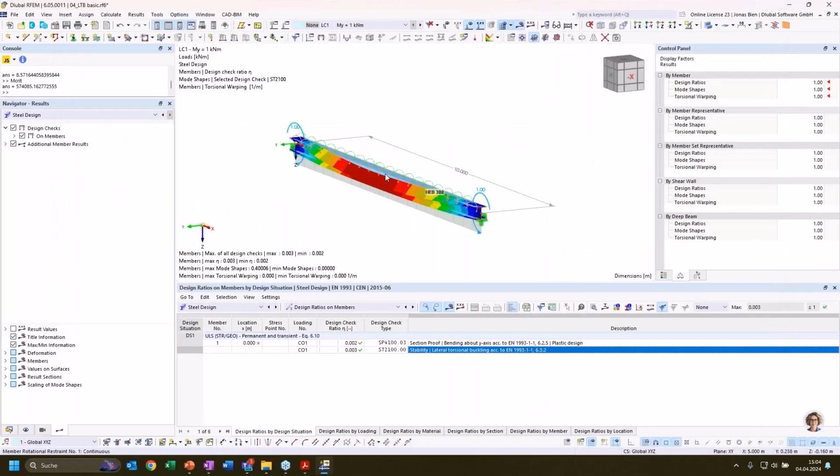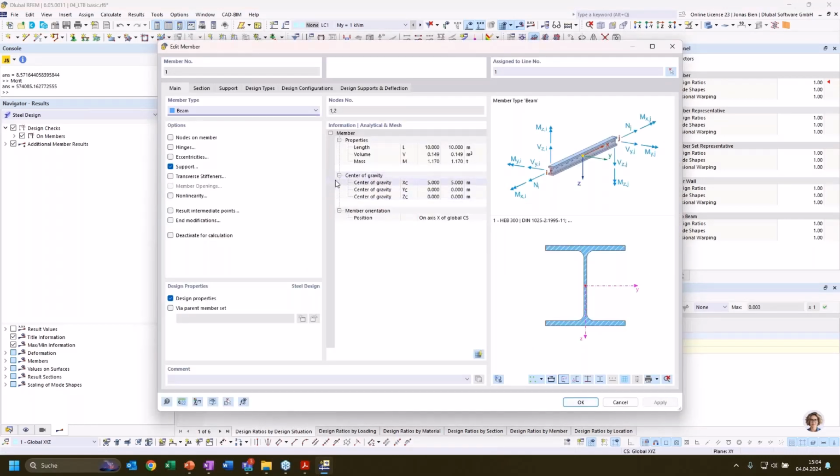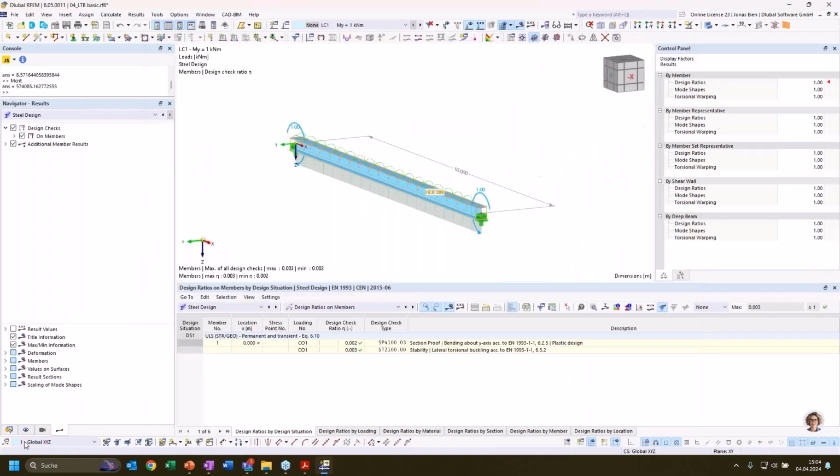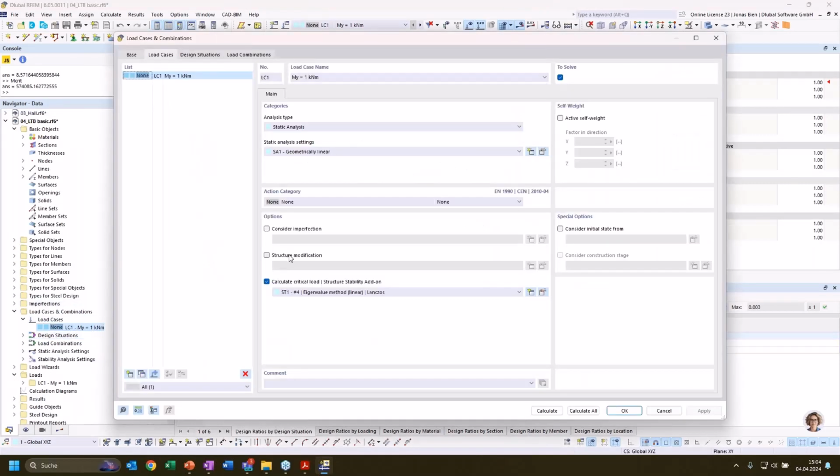But we have now the option to take these fictitious stiffnesses into account also in the structural stability and static analysis. And we can do that by adding a structure modification to this load case.